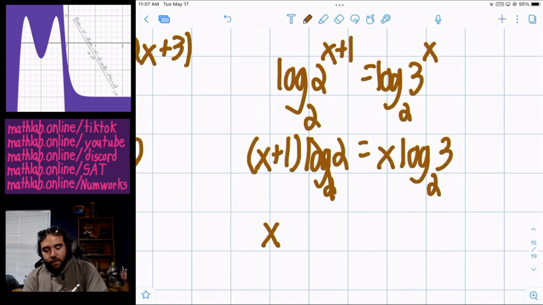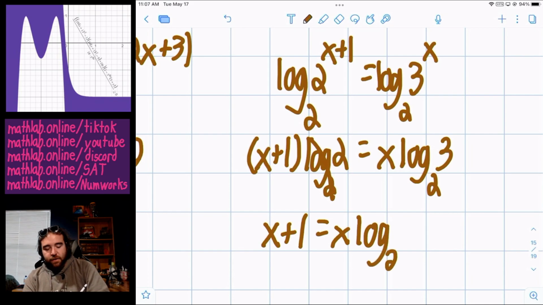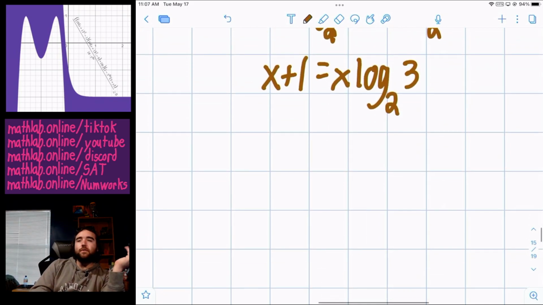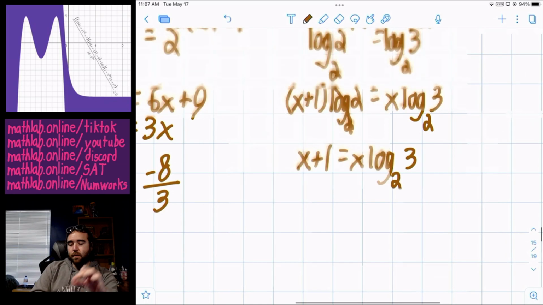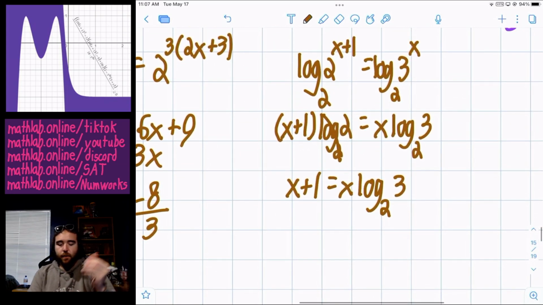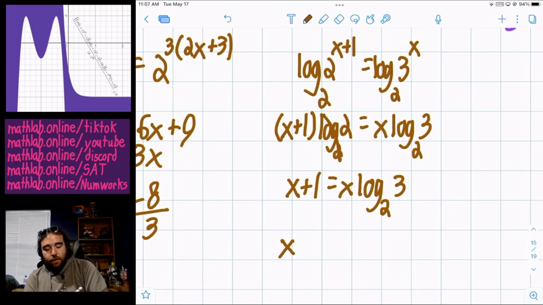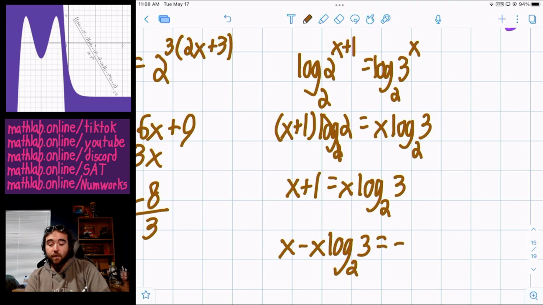So then we have x plus 1 equals x log base 2 of 3. And then we've got to do stuff kind of like we did with the inverse functions. We've got to get all the x's to one side. So we're going to have x minus x log base 2 of 3 equals negative 1.